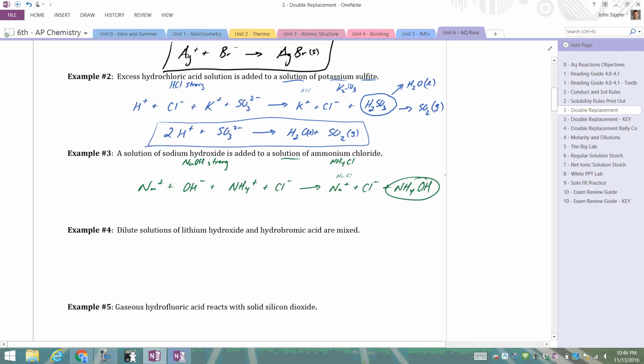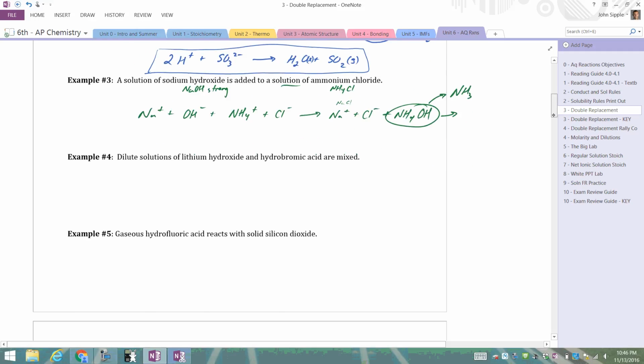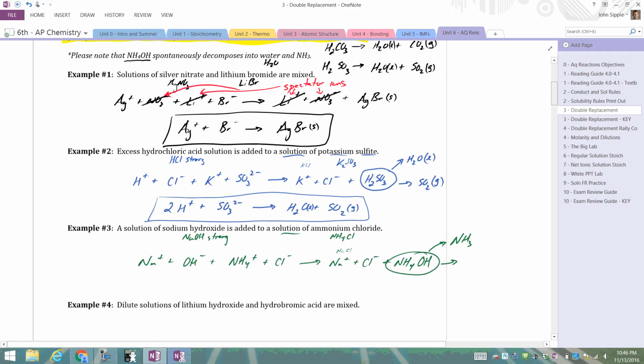This is one of our substances that, if you create it, is going to spontaneously decompose into NH3, ammonia gas, and liquid water.